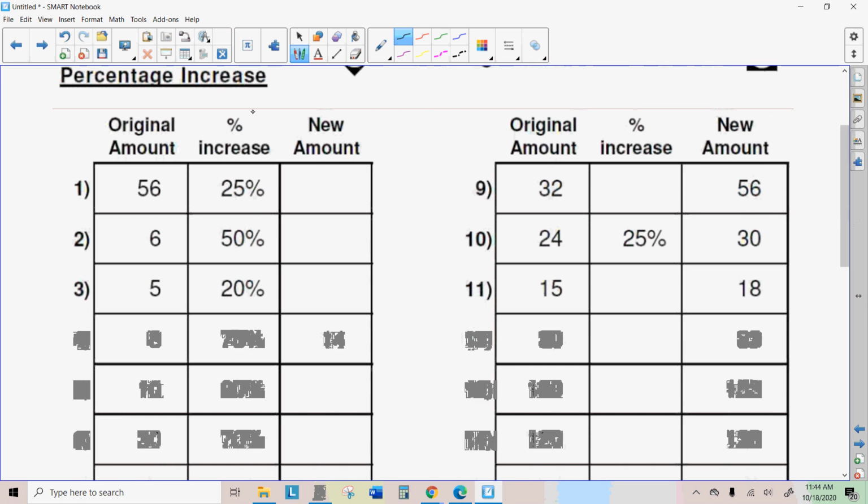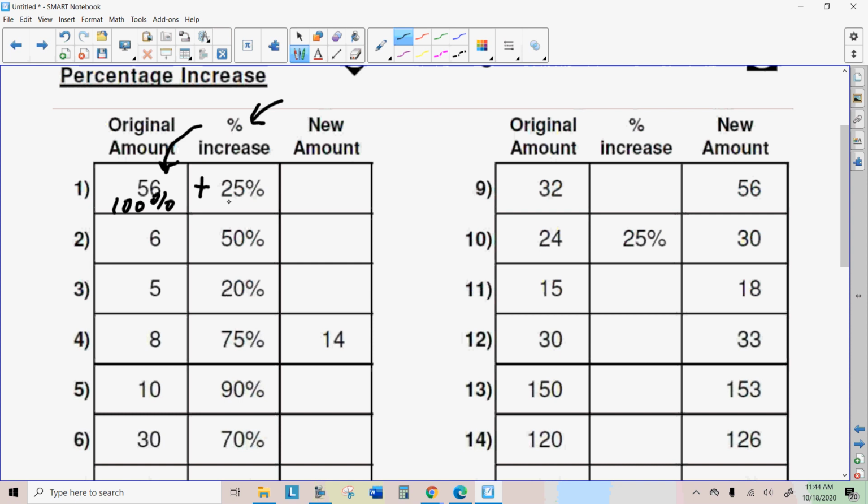Now if you're increasing something by 25%, like I said before, one way you could do it is figure out what 25% of this number is and then add it on. So adding 25%. Now I'm going to suggest that you think of this as 100% plus 25%.